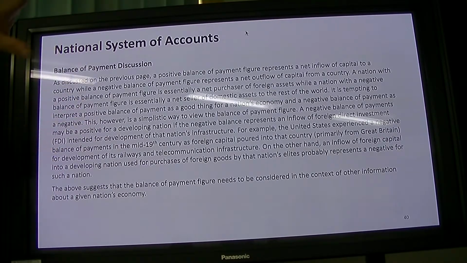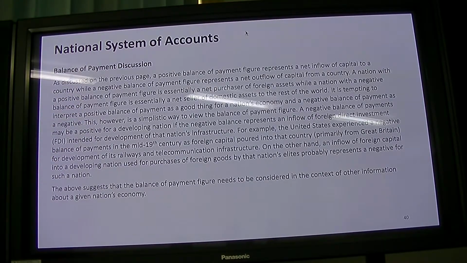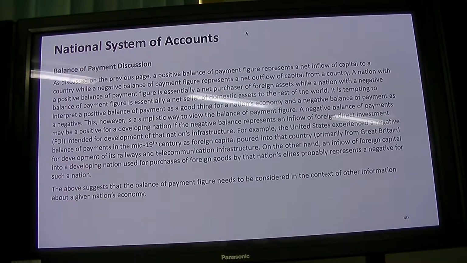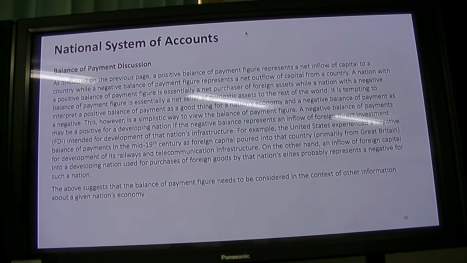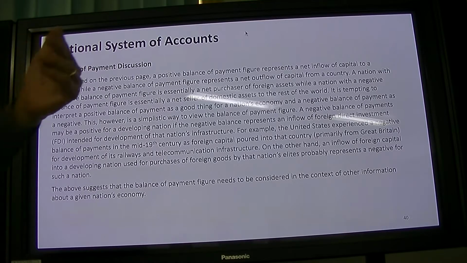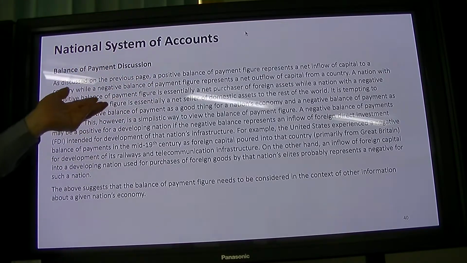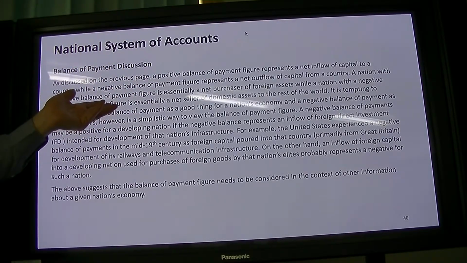So that's the overall picture of GDP globally. Now I'm going to talk about balance of payments, and I want to see what the relationship is. Is there a relationship between balance of payments and GDP? That's one of the things we want to see.